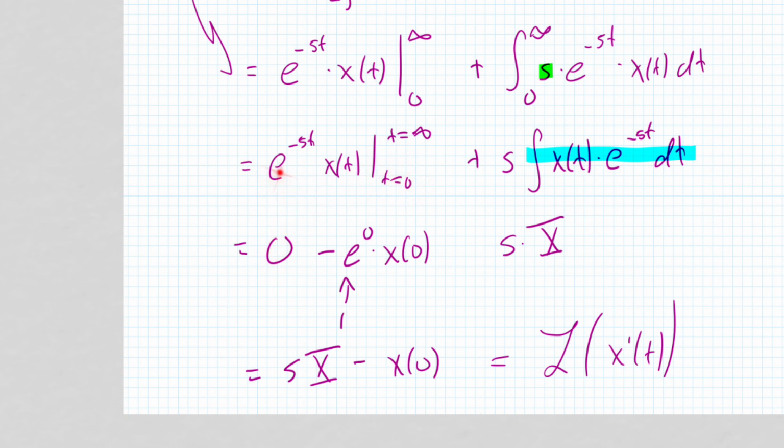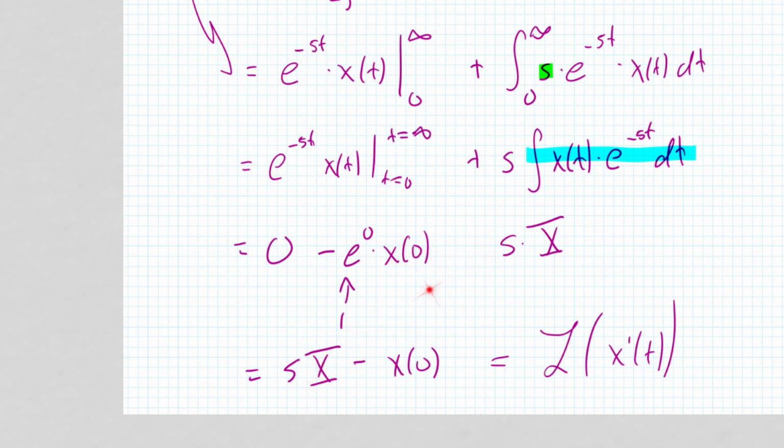So what do I get? I get e to the negative st, evaluated at 0. Bam, that's 1. And then I get x evaluated at 0. That is x of 0. Wait, those are the initial conditions, or part of the initial conditions. I might have said to you already that the initial conditions get embedded into the Laplace transform. Bam, that's how right there.